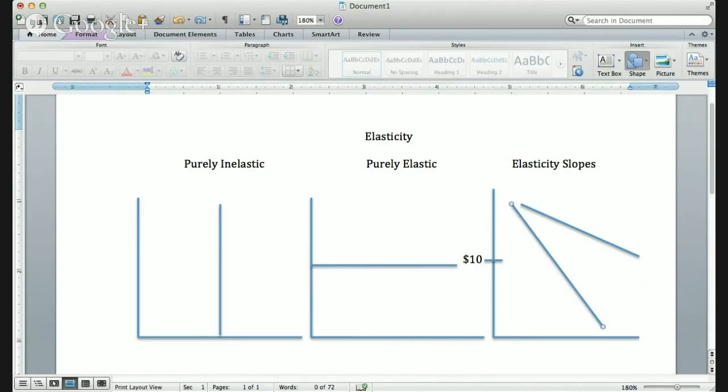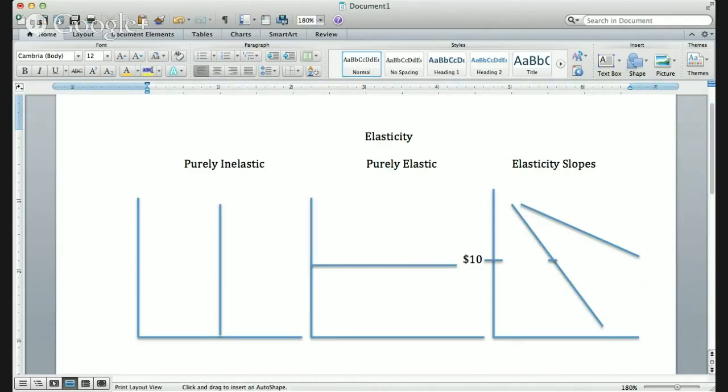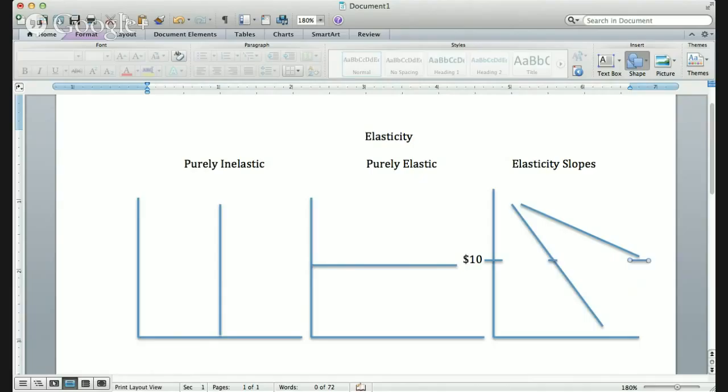At $10, we might have a demand that falls right about right here. So I'm just going to put a line across there so you can see the point. At $10 for the other curve, we have a different line, and we'll see it'd be about right here. Let me go ahead and carry this line out for the example that we're doing here.